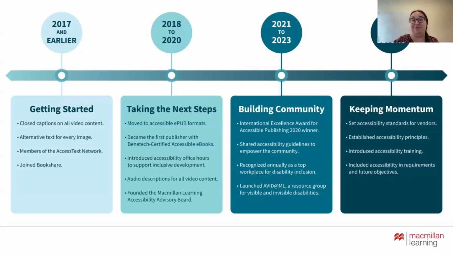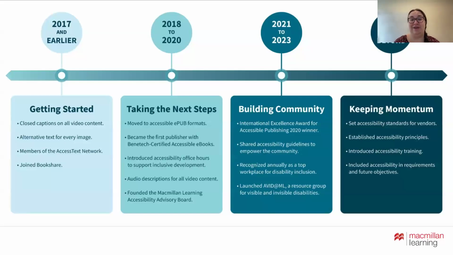From those first few steps, the program sort of exploded. So we updated our ebook format to EPUB, and eventually we were the first publisher recognized by Benetech with their Global Certified Accessible program. And then we also dug deeper into content and platform issues by partnering with third-party consultants.